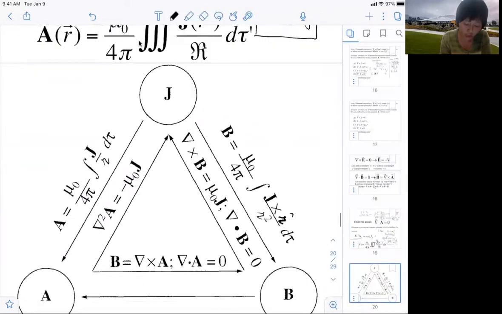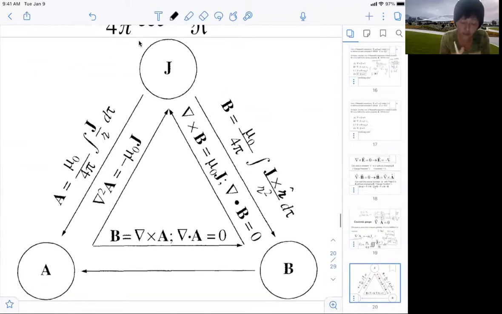So here is a little diagram you can find in your book. It's simply showing the relationship between J, A, and B. A lot of times, if you're given a current density and you want B, there are two methods. One is brute force: you just go ahead and integrate, and you can solve any problem you're given.